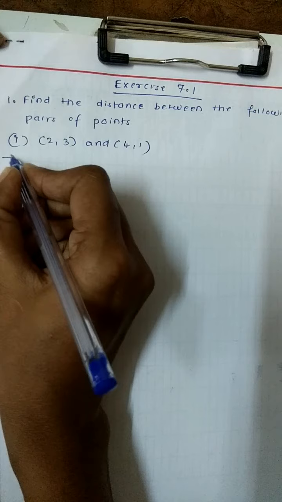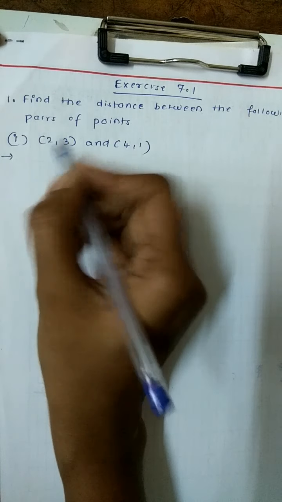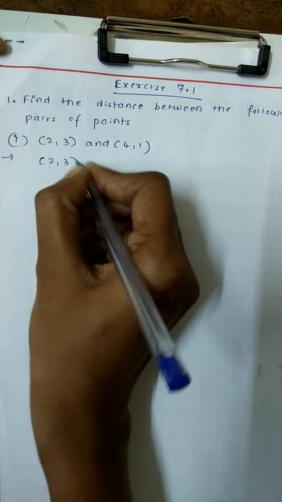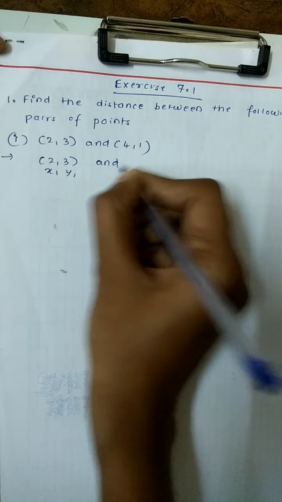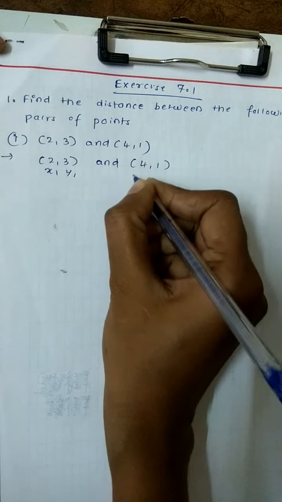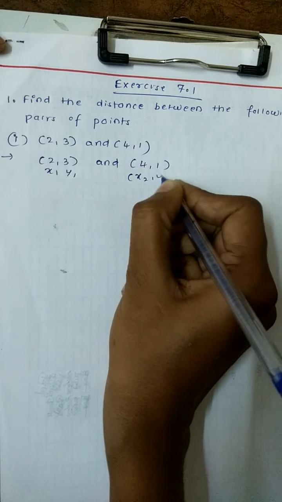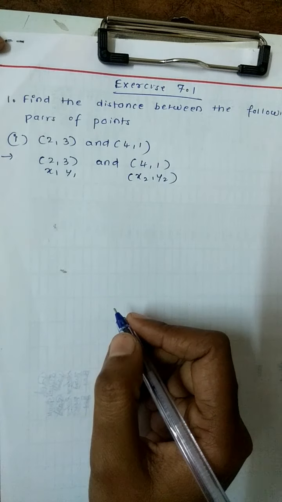First of all we will name this as x1, y1, and the second coordinate point (4, 1) as x2, y2. So we'll write the distance formula first.